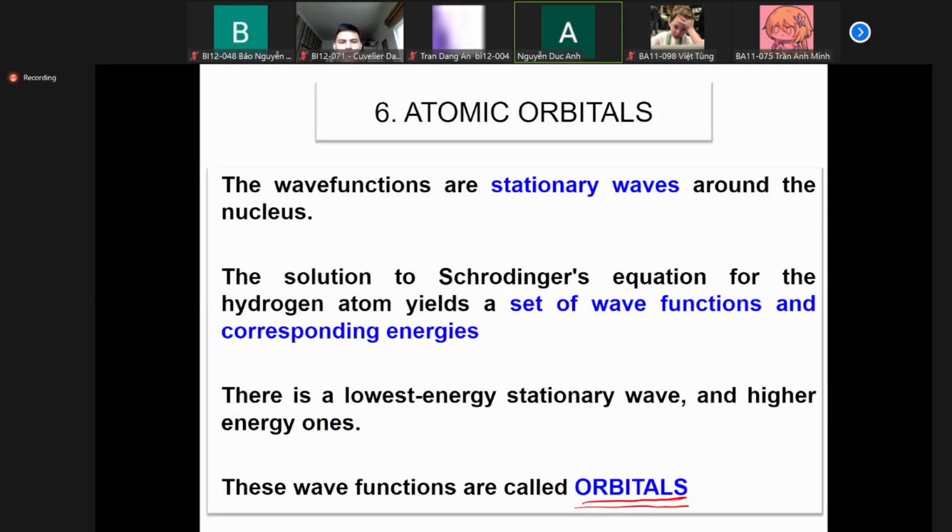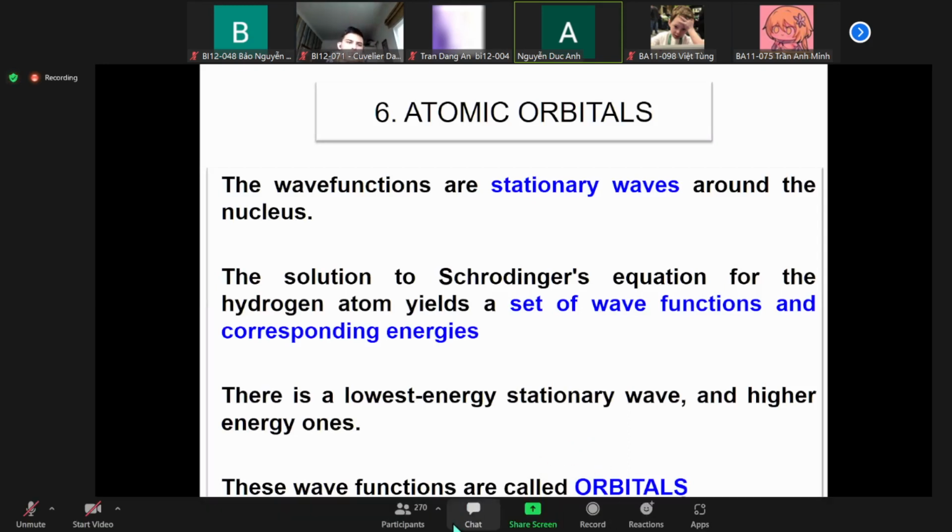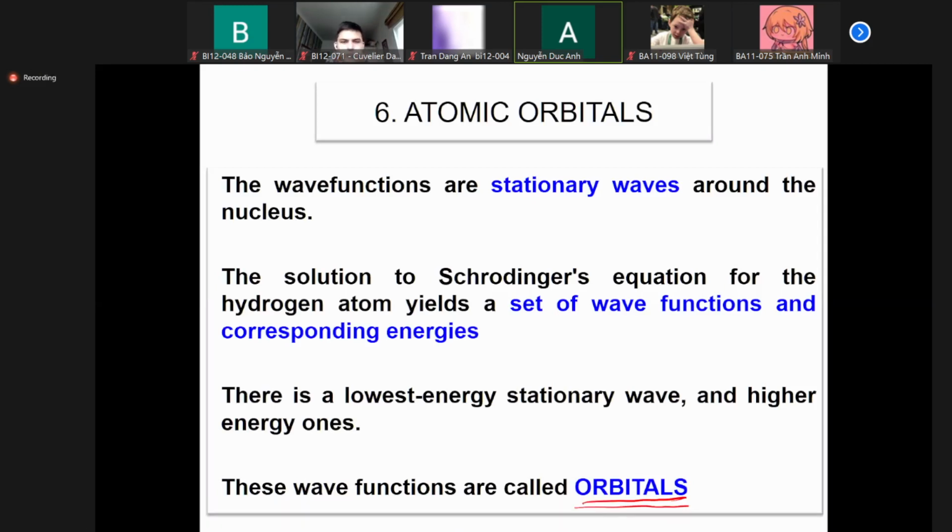So the wave function, of course, comes from the solution of the Schrödinger equation. Actually, the Schrödinger equation for complicated atoms, atoms with more than one electron, normally gives you a set of wave functions, not only one wave function.